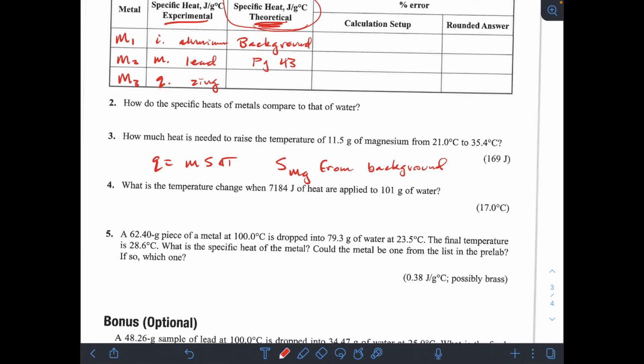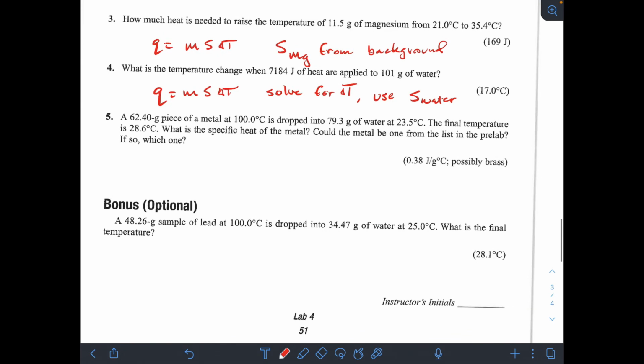Question 4 is for water. It's another one of these, right? And you're going to rearrange to solve for T, and use the specific heat of water. Question 5. So we're going to apply the idea that Q of the water equals negative Q of the metal.